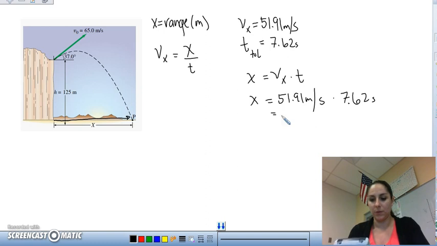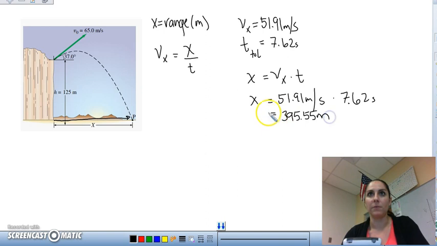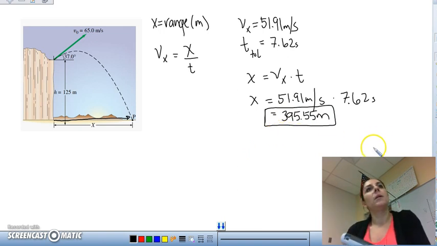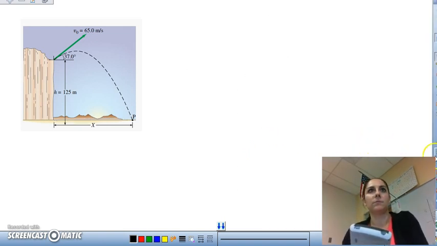Oops, hold on. Alright, so we get a pretty big range, but this seems logical because we have a very fast speed going on right here. And there we have it. That is the next section. What is the range? Okay, let's proceed to the next question.